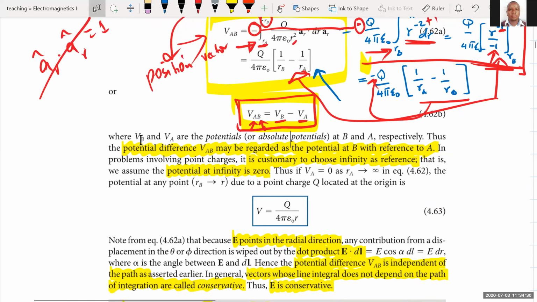So V_B and V_A are the absolute potentials at B and A respectively, and thus the potential difference V_AB may be regarded as the potential at B with reference to A. And that is very important: V_AB is the potential at B with reference to A.